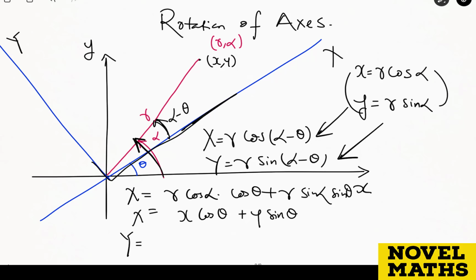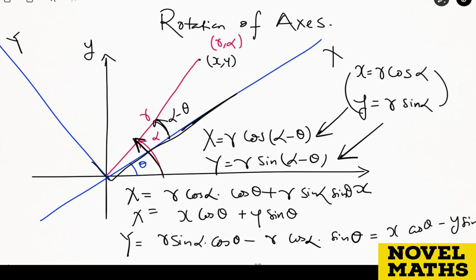Similarly, y will be what? y is r sin of alpha minus theta. So this will be r sin alpha cos theta minus r cos alpha sin theta, right? And r sin alpha is given, so this is Y cos theta minus X sin theta.